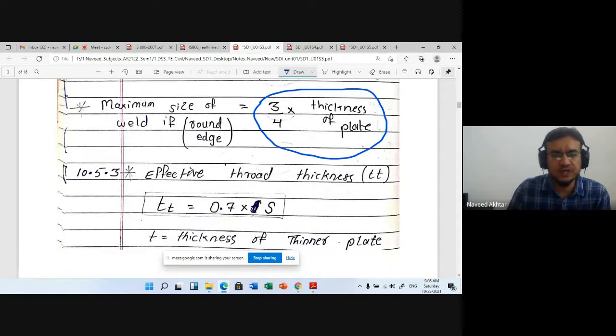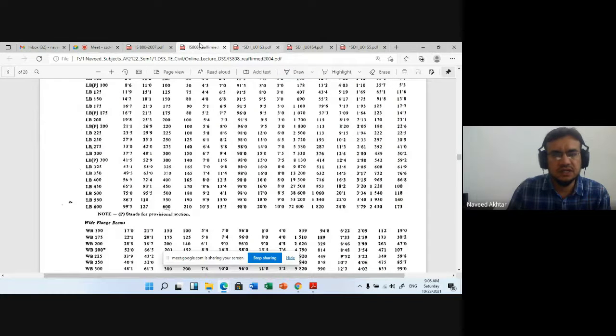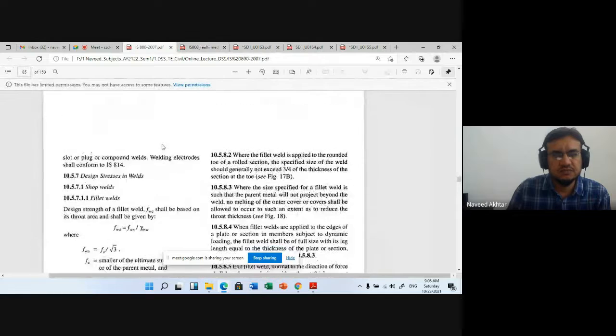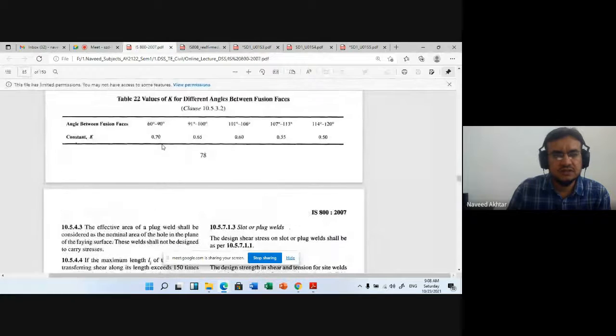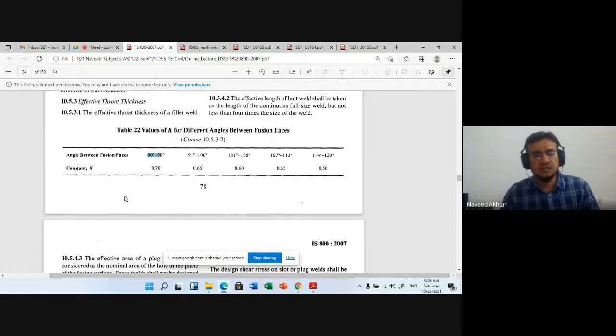The throat thickness is based on table number 22, based on the angle between the faces. If it's 60 to 90 degrees, then the value of K is 0.7. If it is 91 to 100, then the value of K is 0.65.